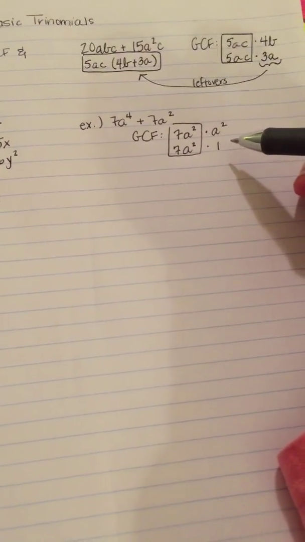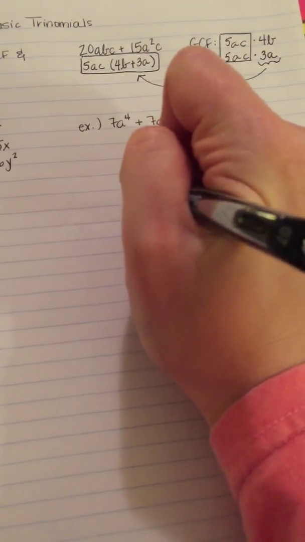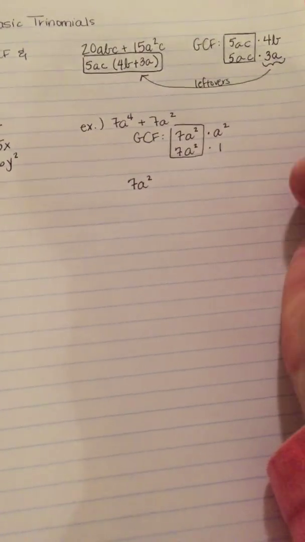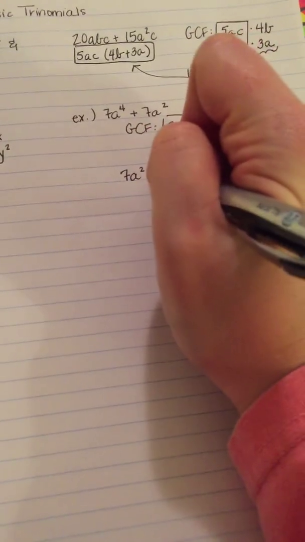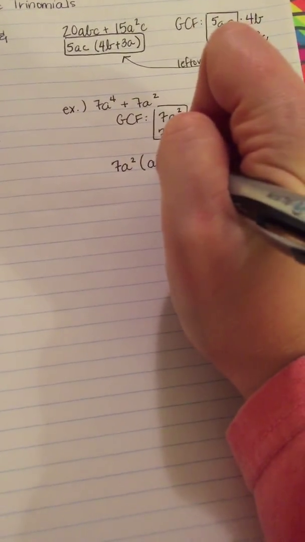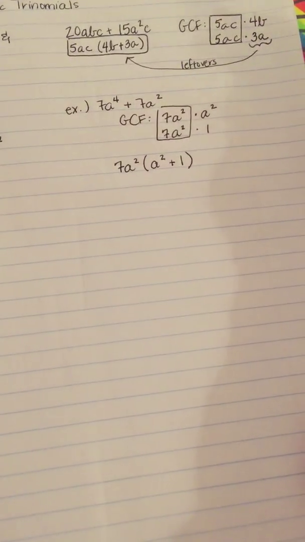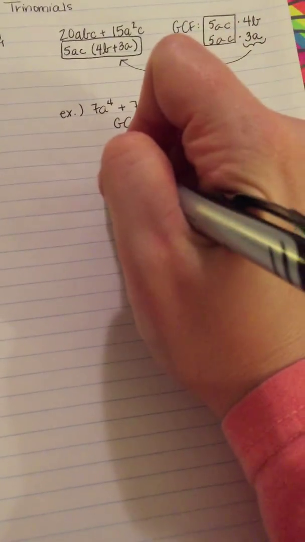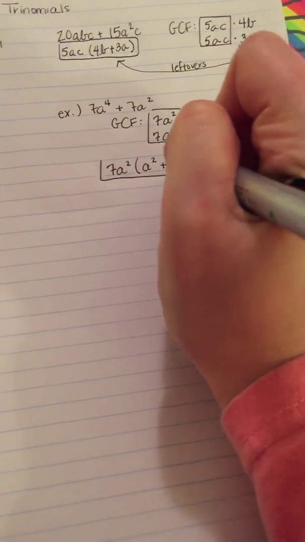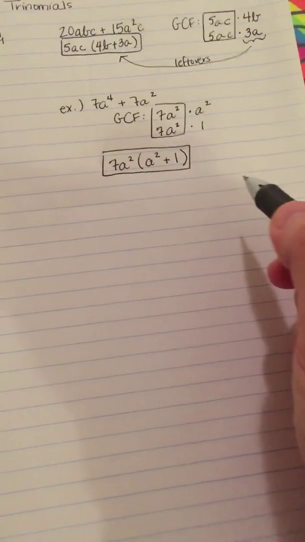This is super important that you're recognizing that you're multiplying it by 1, because when you go back and check yourself to make sure that your answer is matching up to your original problem, if you don't have that 1 there, then you're just going to end up with a single monomial term. You'd end up with 7a to the 4th, and that's not what you started with. So you have to have that plus 1 there, so that way you at least get back this 7a squared that you would get there.